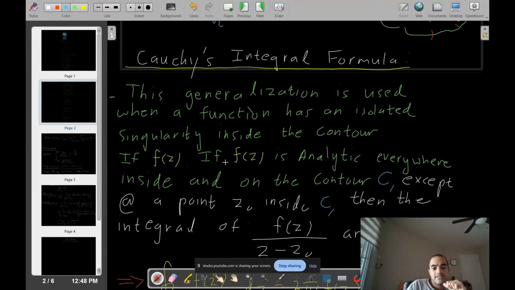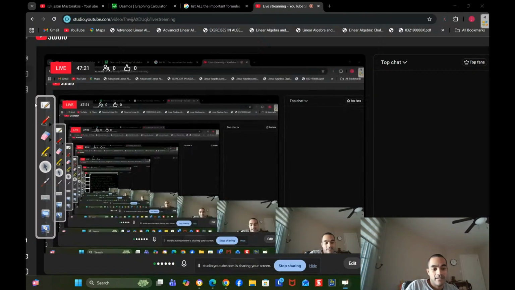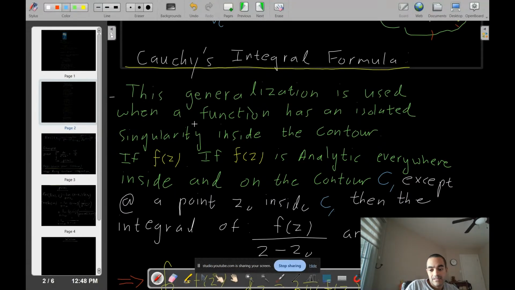So when a function has an isolated singularity inside the contour, if f of z is analytic everywhere, inside and on the contour C, except at a point z0. z0 is defined as a point. z0 equals a is a number, 1, 2, 3.